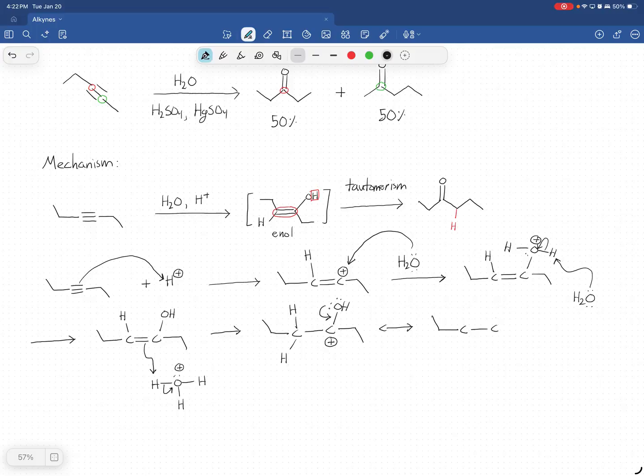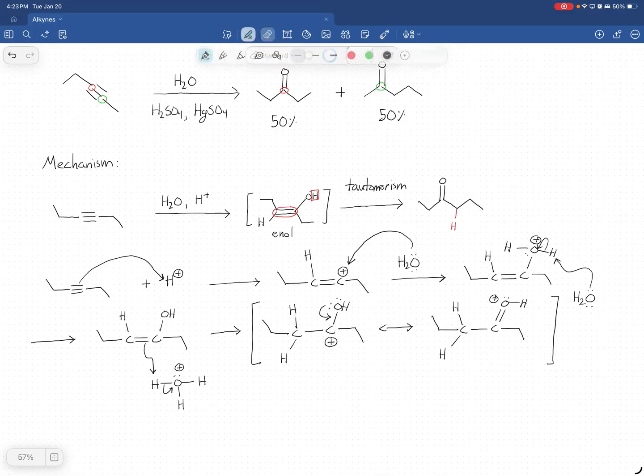What happens here now is this carbon has its octet refilled, and this positive charge has to be delocalized onto this oxygen so we can further stabilize this charge. And here we have two H's attached. So now this is a resonance hybrid, a pair of resonance structures. Actually, let me create some space. Sorry about that.